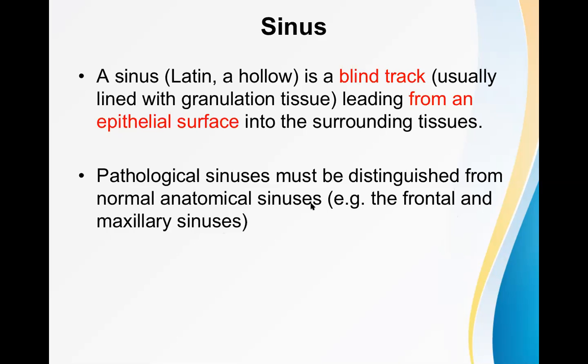These sinuses are actually a cavity. There is a big cavity, and there is one channel which leads into this cavity. These are very different types of terms, though the name is sinus, which is quite confusing for the student, but these are normal anatomical structures which are present in our body.